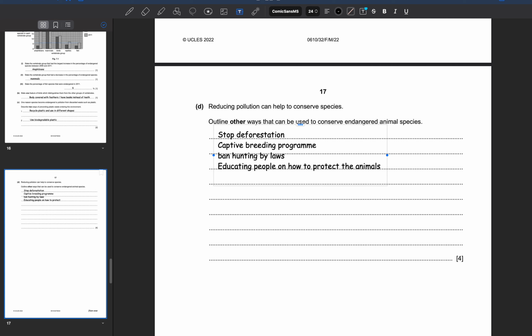I can say by constructing conservations and provide the animals with food, shelter, and medicine.